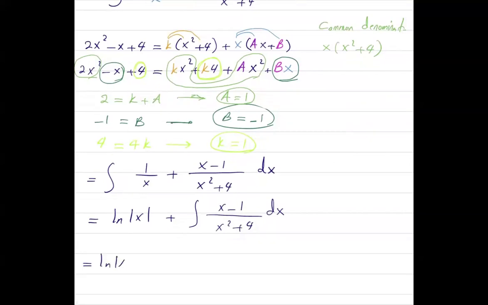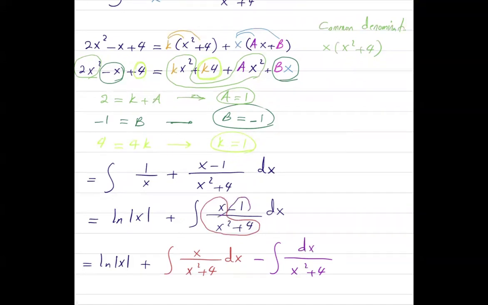So you have ln|x| plus the integral of x divided by (x squared plus 4) dx minus the integral of dx divided by (x squared plus 4). Here I divided x by (x squared plus 4), and also I divided negative 1 by (x squared plus 4) to separate these into two integrals.